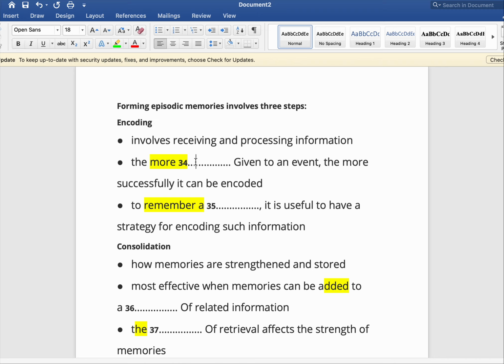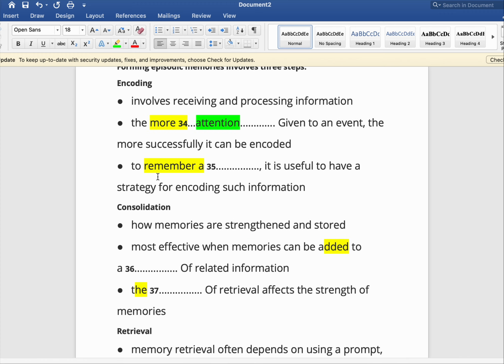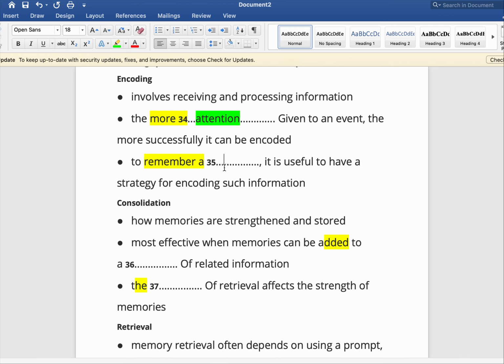The degree to which you can successfully encode information depends on the level of attention you give to an event while it's actually happening.